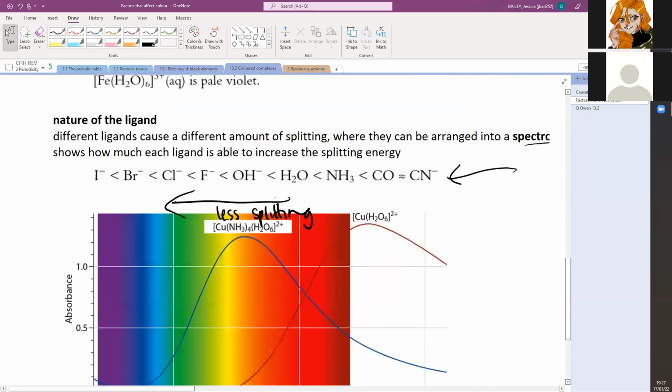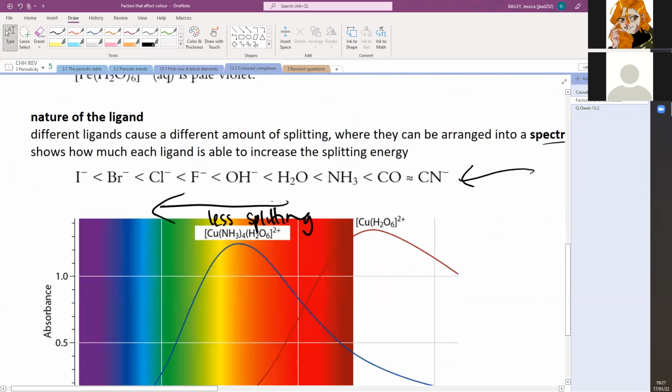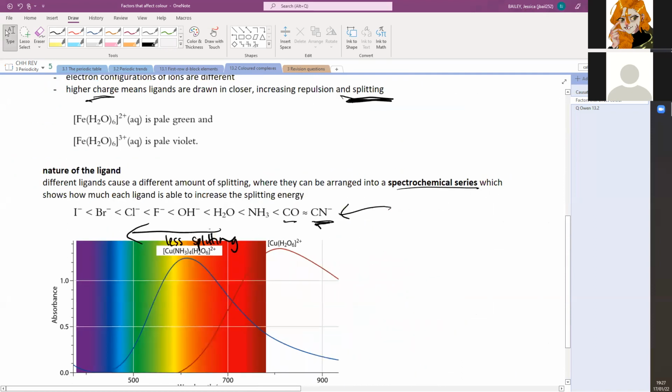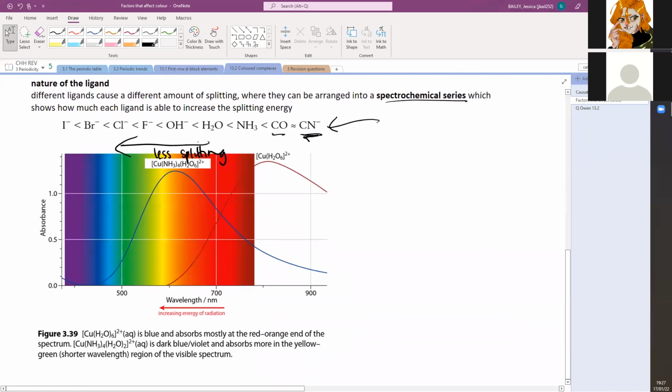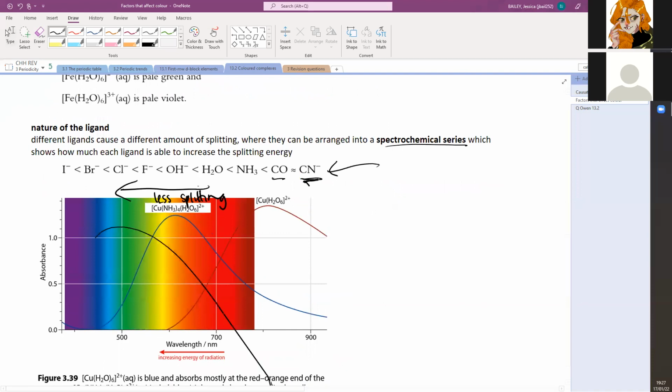It says that iodide ions are really weak ligands, and carbon monoxide and cyanide are very strong ligands. So again, if the ligands were different, you'd just say the nature of the ligand is different, and hence the amount of splitting that occurs is also different, and so you get different colors. Don't worry about that graph.